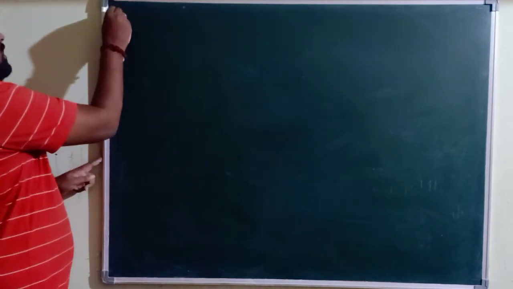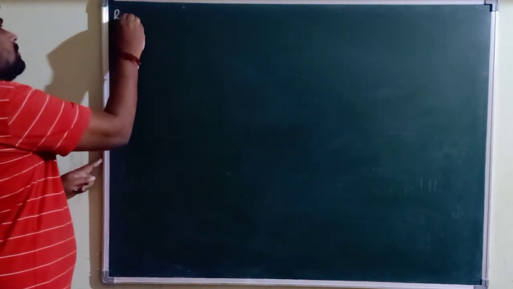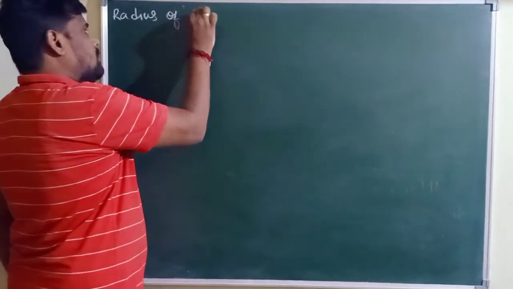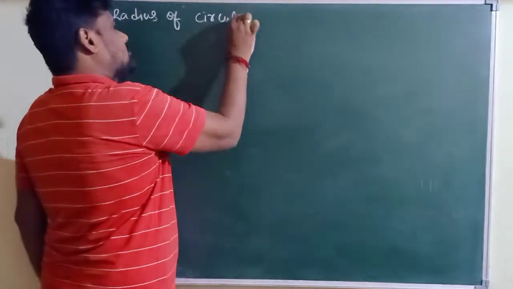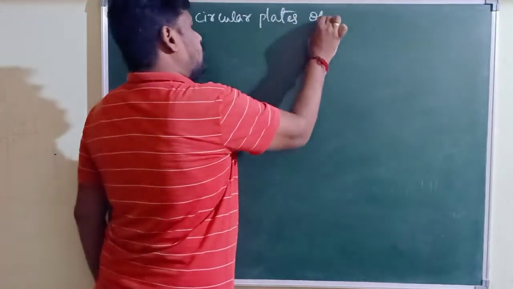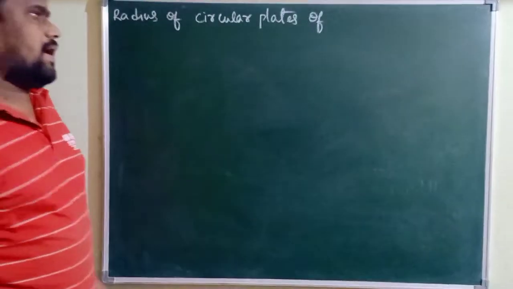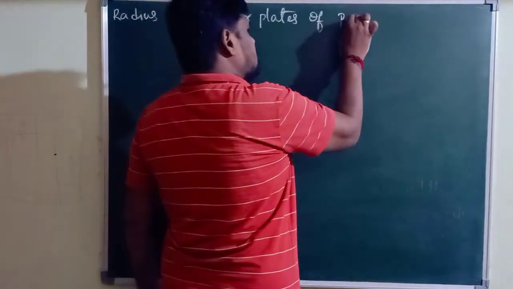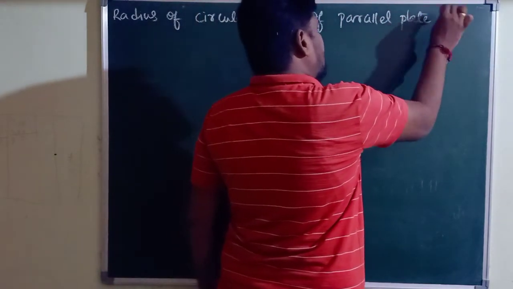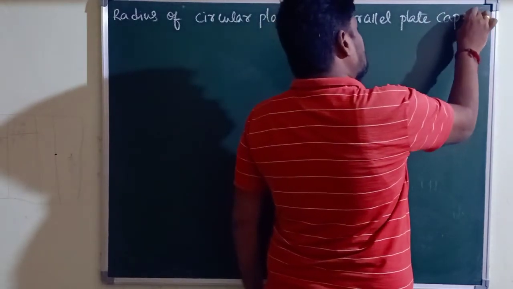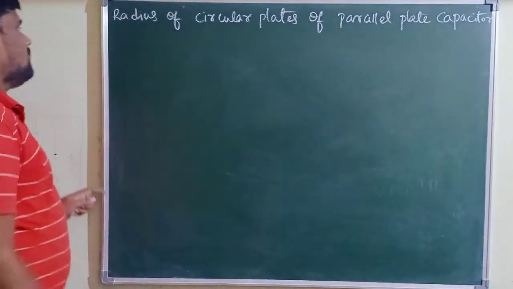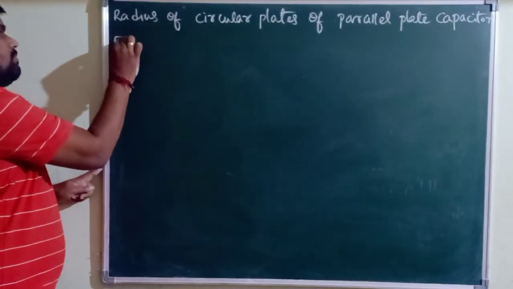The radius of circular plates of a parallel plate capacitor is 5 centimeter.